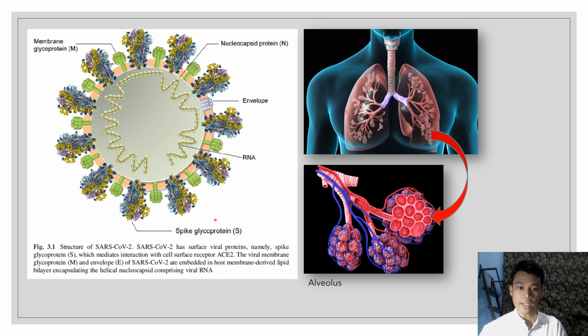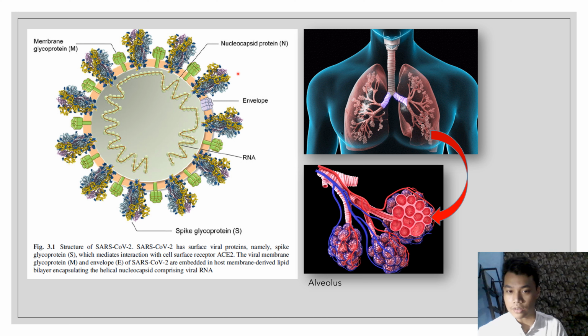Speaking of spike glycoprotein, which has a function to mediate interaction with the cell surface receptor called enzyme ACE2, this ACE2 is mainly expressed in mammals and also humans in lungs, kidneys, and also heart. In lungs, specifically in the alveolus.